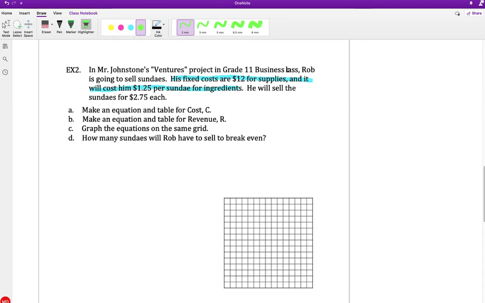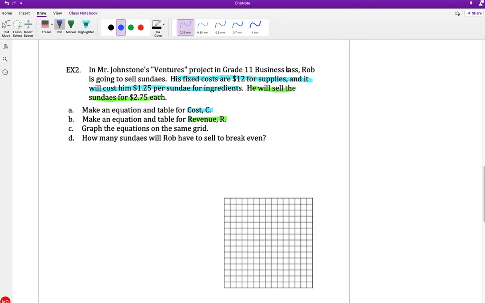Our second set says he will sell the Sundays for $2.75 each. So we need to make an equation for revenue, which is the green, an equation for cost. So if you want to pause the video here, you can go and make those equations and double check if you see if you have it right.